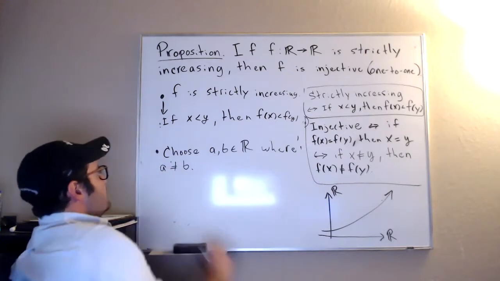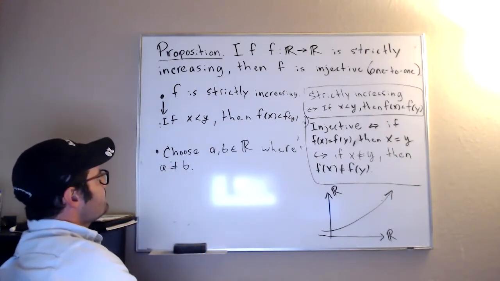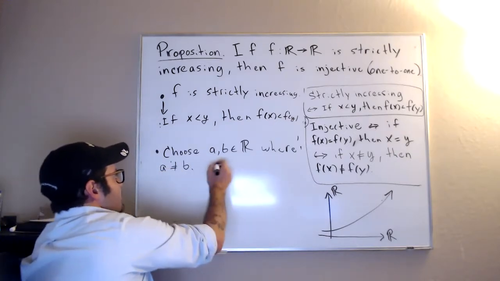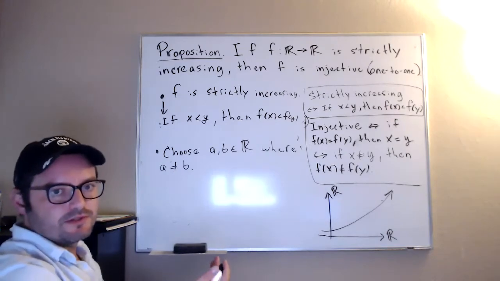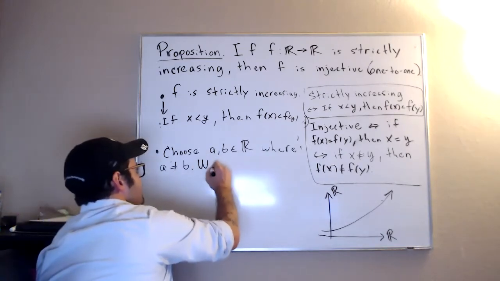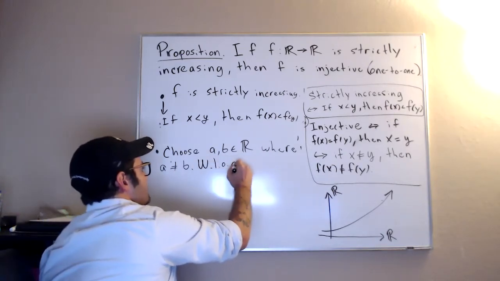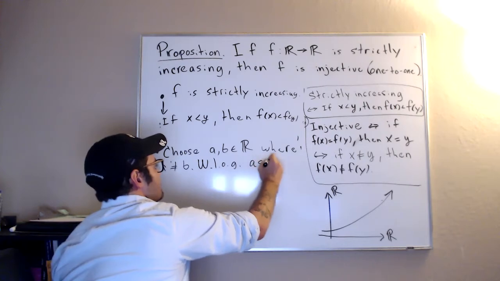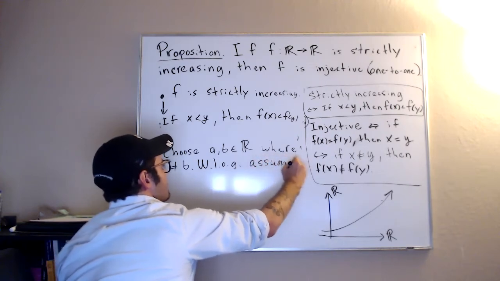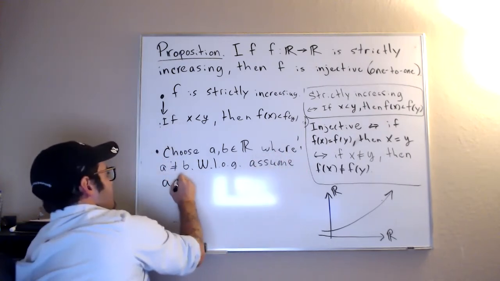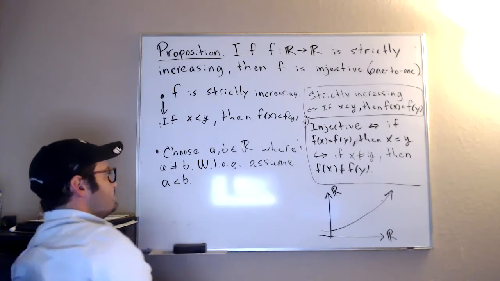Okay, so A not equal to B, then we can do that without loss of generality thing. So without loss of generality, assume A is less than B.